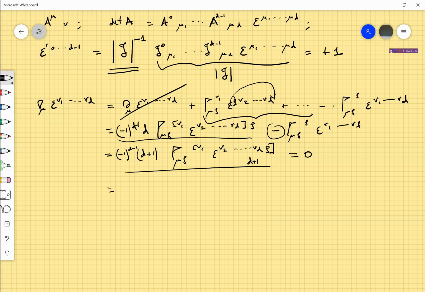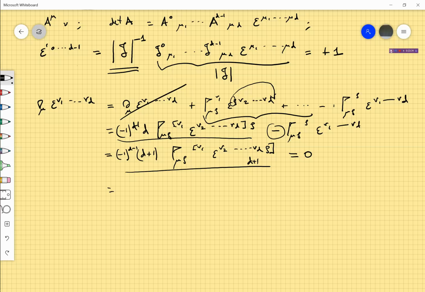Okay, and this kind of proof, in which you show that something is equal to the antisymmetrization of more than d indices, is used quite often. Sometimes you can obtain identities by antisymmetrizing more than d indices and then expanding the result, and then you find the relations between things with fewer indices antisymmetrized.